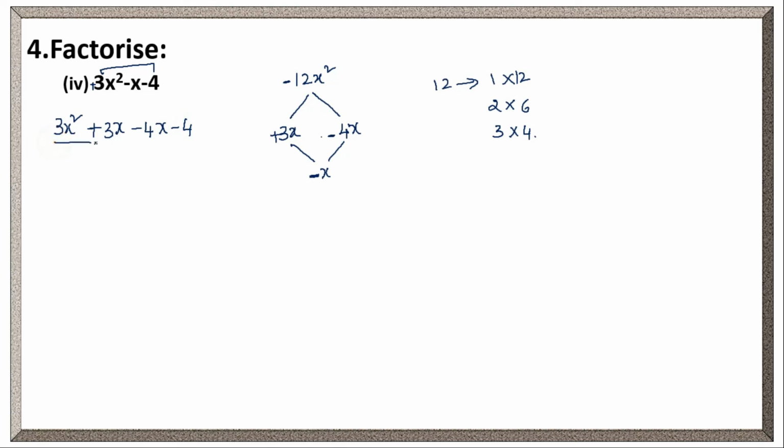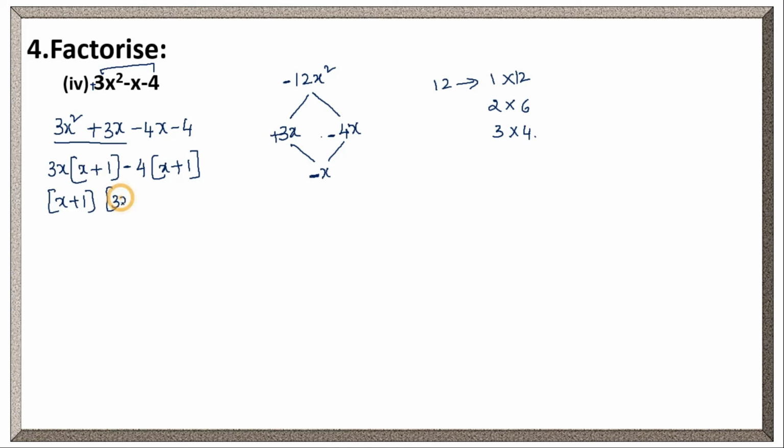What can we take common from the first two terms? 3x we can take as common. What remains? x plus 1. Here what can we take? 4, minus 4 we can take as common. So x, minus I have taken common, so plus 1 remains. So x plus 1 is common here, so we can take it as common.